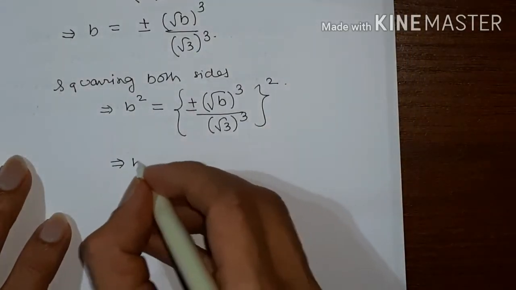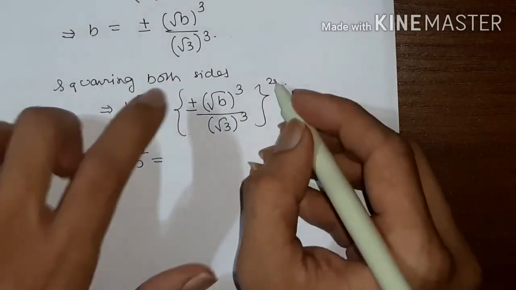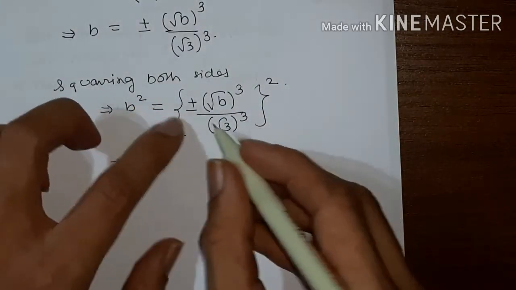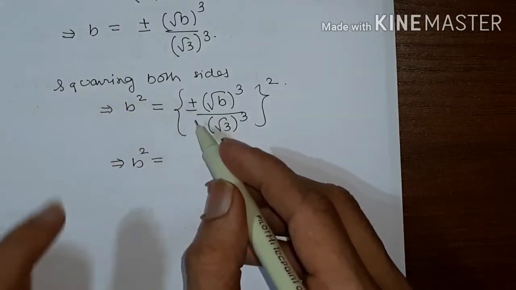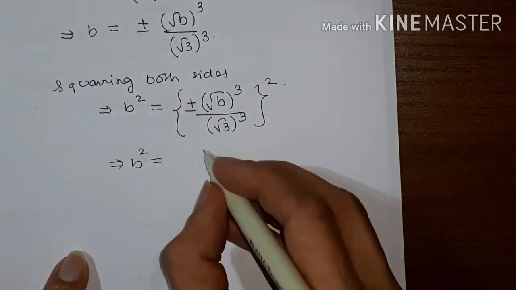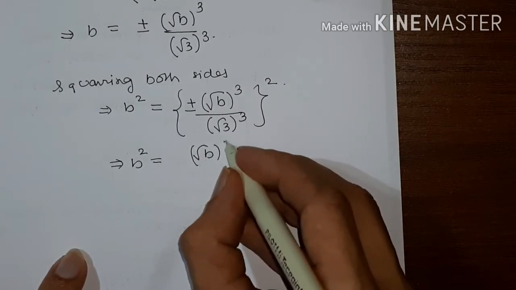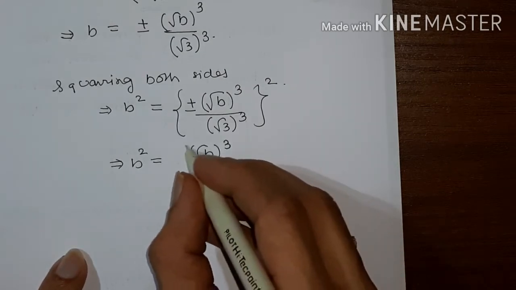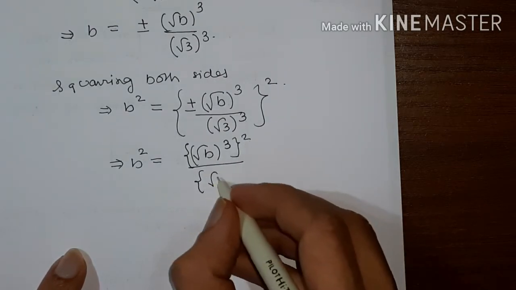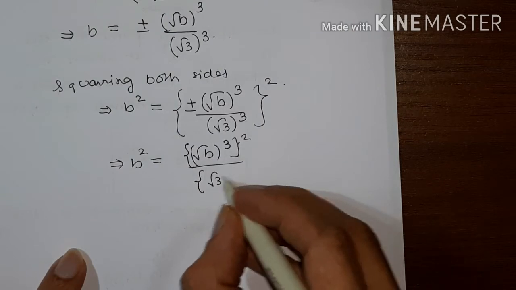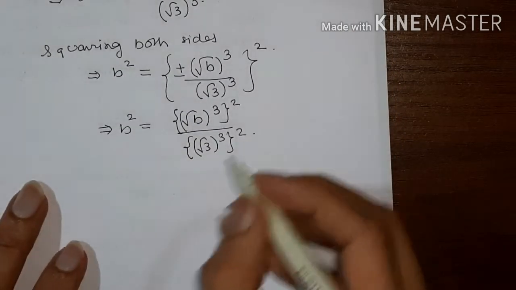So that means b square is equal to, this is plus or minus the whole square, right? So even if it is plus, you will get plus, even if it is minus, that will also be plus. So simply you will get root b the whole cube, the whole square, divided by root 3 the whole cube, the whole square, right?